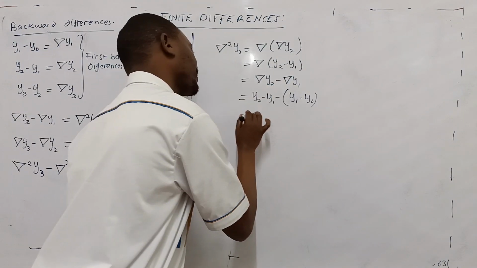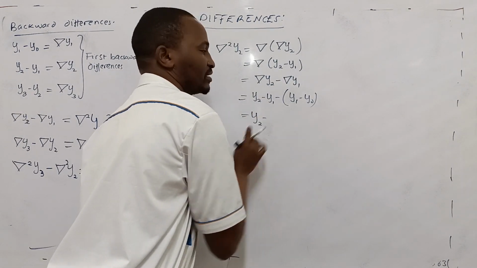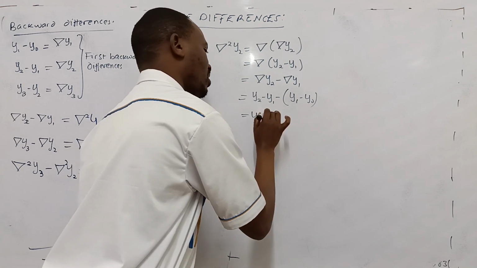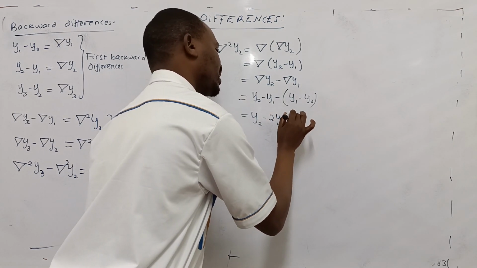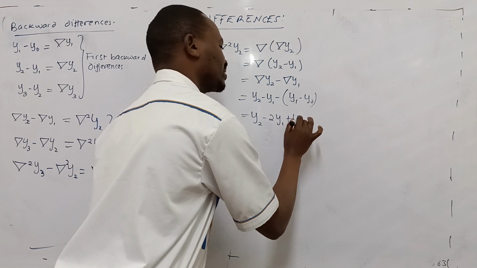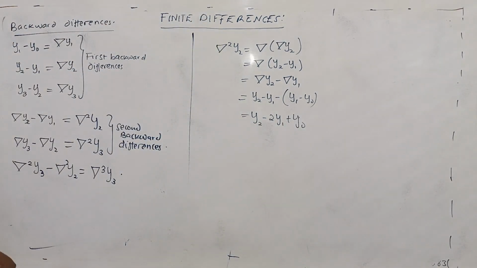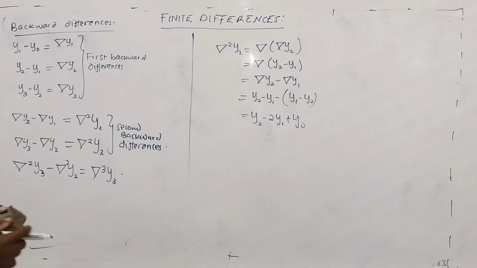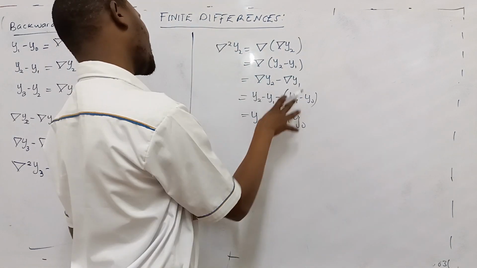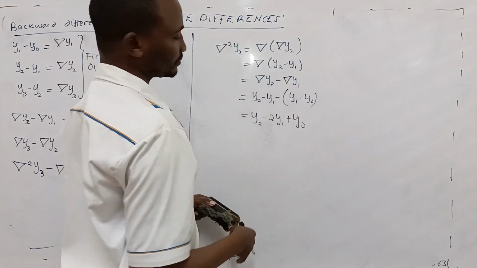It now becomes y2 minus 2y1 plus y0. That's how we express the second backward difference in terms of the functional value y.